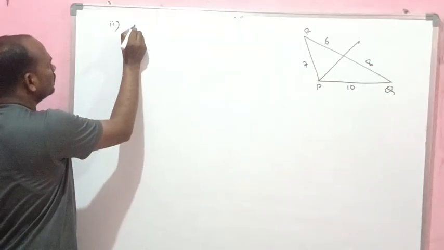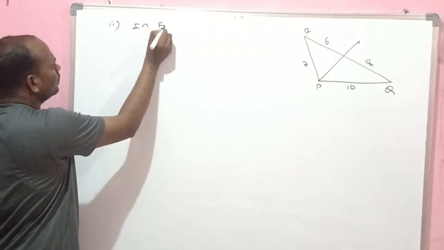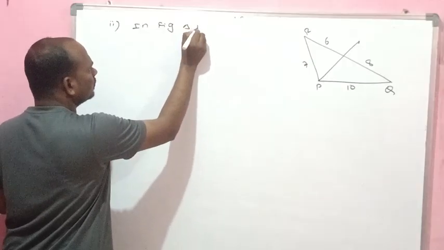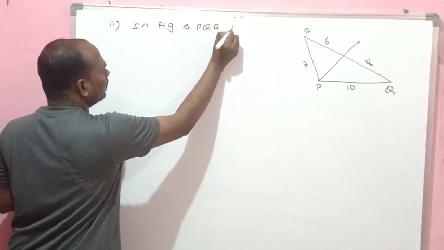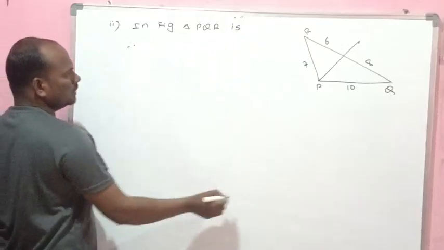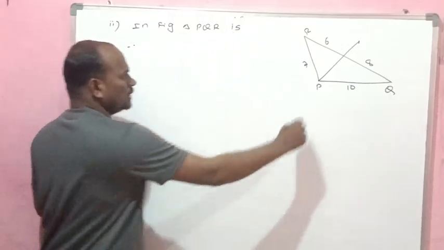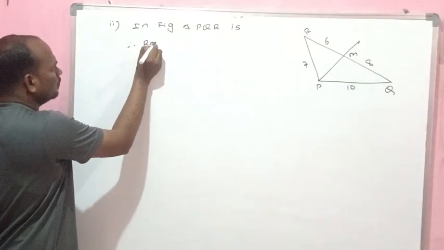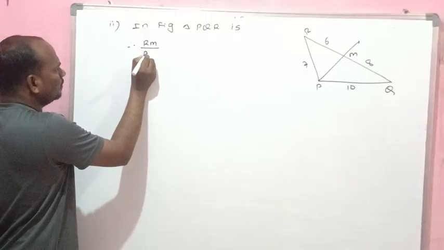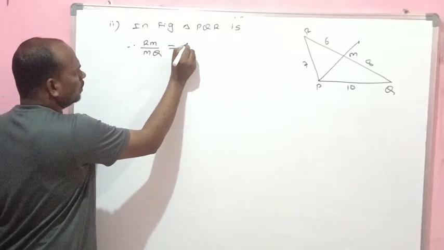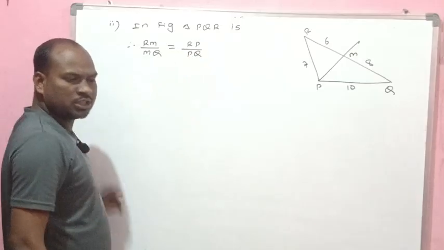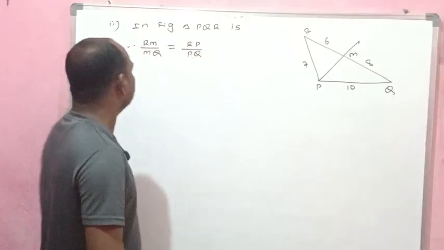Now therefore in figure the triangle PQR is, now therefore the side that is PM, therefore side RM divided by MQ is equal to RP divided by PQ. Now this equation is given as angle bisector property.